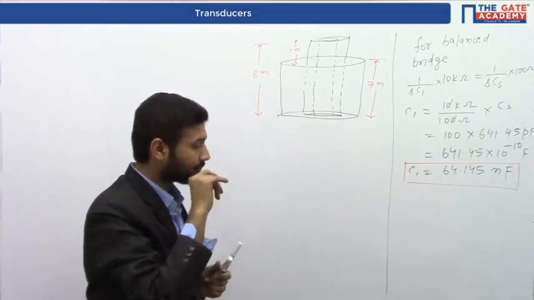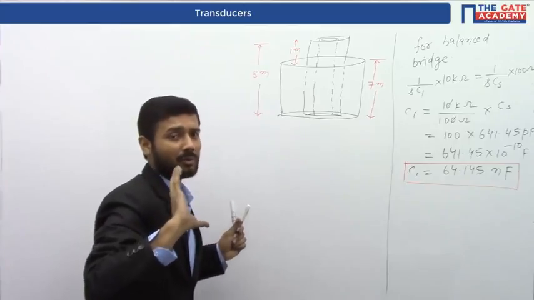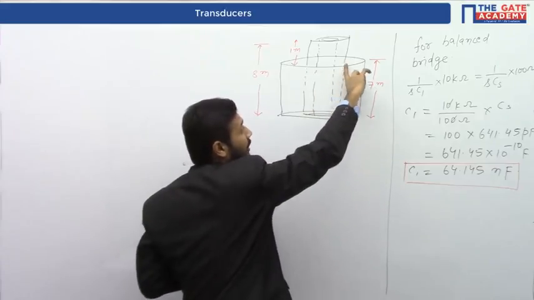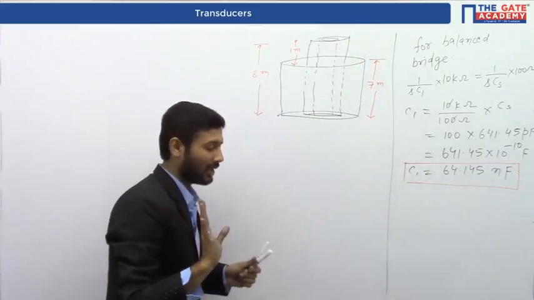Now here two types of capacitance are forming. One for the liquid, when the medium is liquid, and another when the medium is only air.